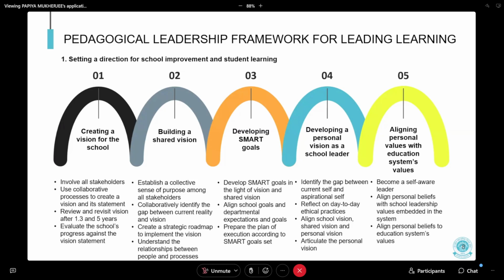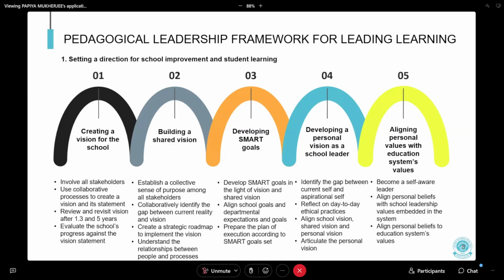As a pedagogical leader, when you are setting direction for school improvement and student learning, there are 5 steps to it. One is creating a vision for the school. When you create a vision, you involve all stakeholders, be it teachers, students, staff, non-teaching staff, parents, alumni, management people, everyone.